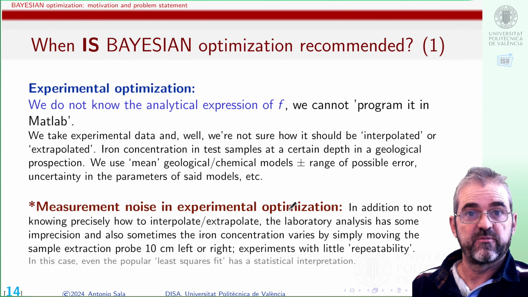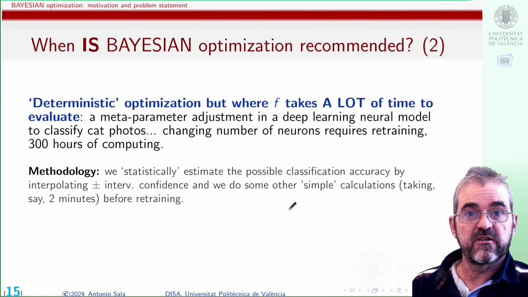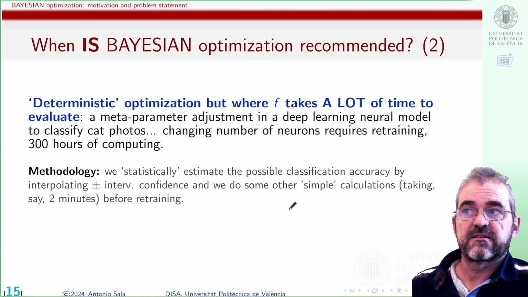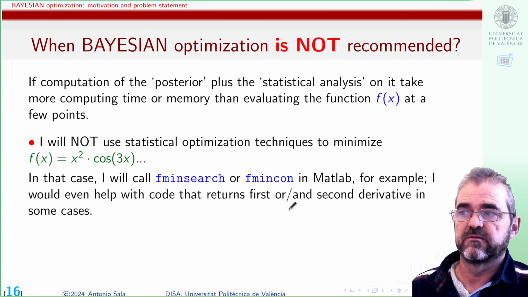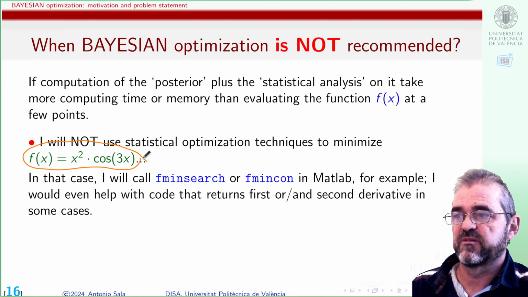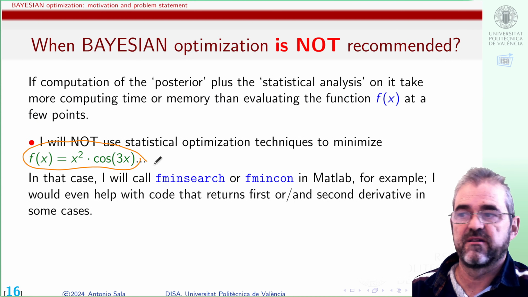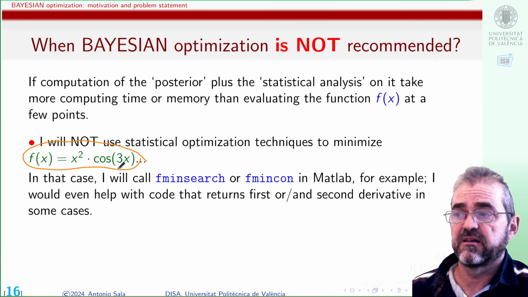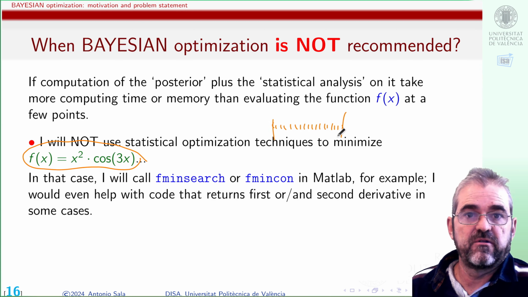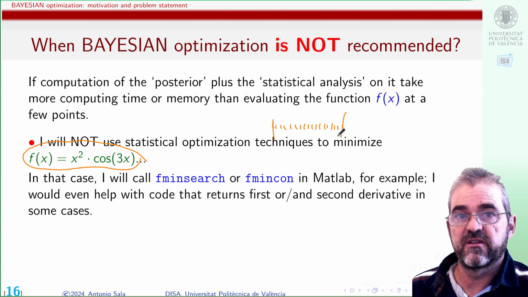We have experimental optimization, we have deterministic optimization, but taking hours or days to finish. And then when this Bayesian stuff is not recommended at all, well, I will never use Bayesian optimization to optimize this kind of silly toy problems in which I can compute gradient, Hessian, whatever. Even I can brute force evaluate the function in a fine grid. So, I would never do Bayesian optimization in this.